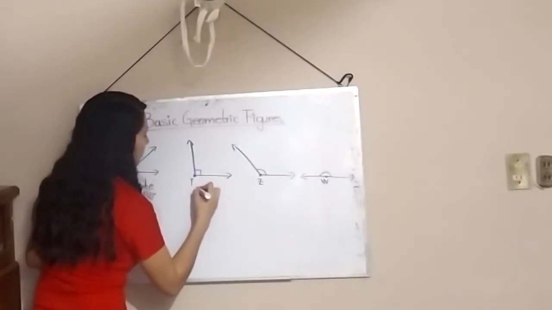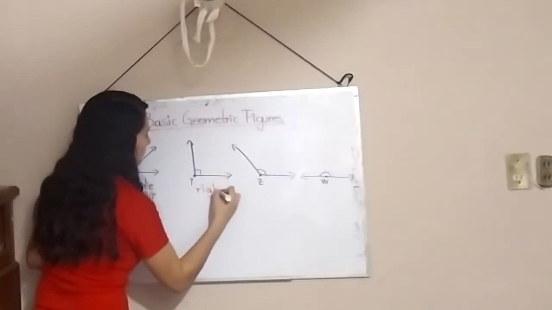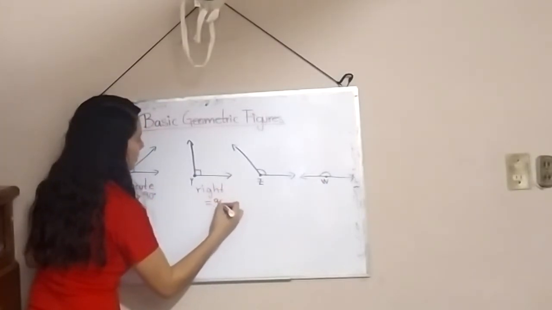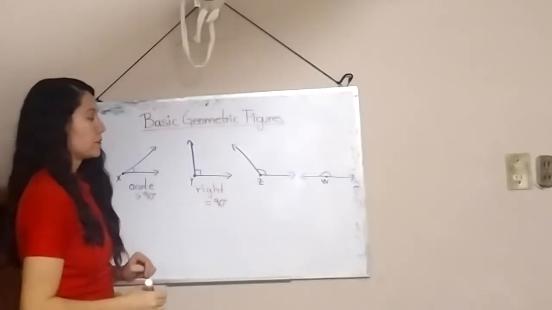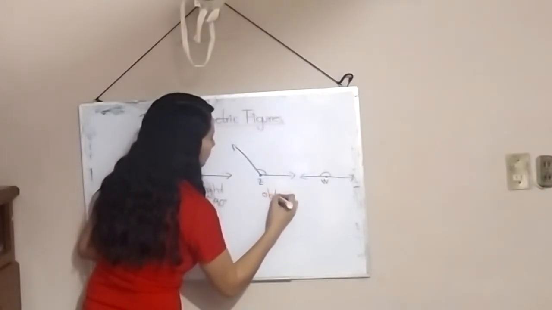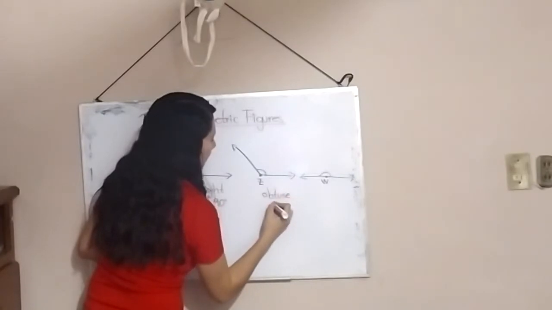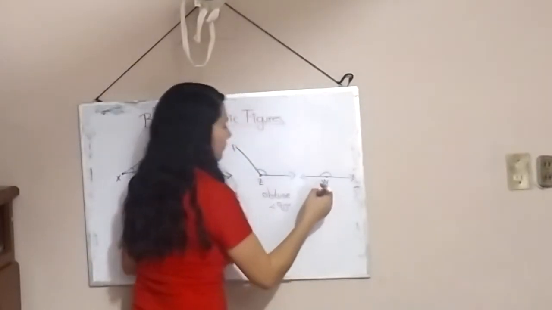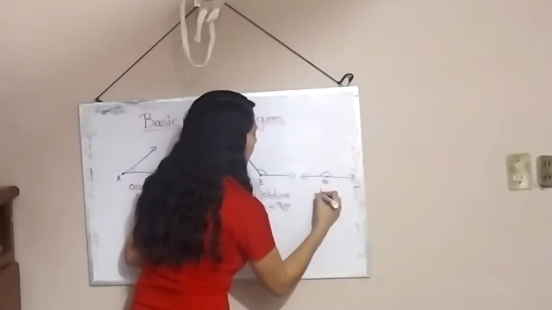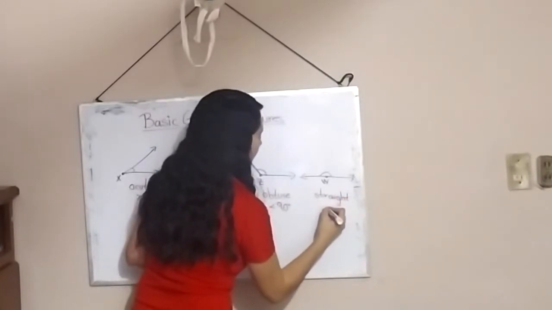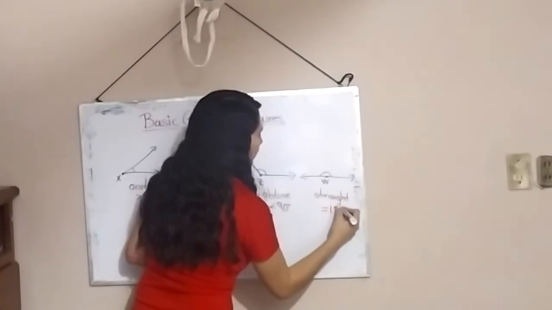Then we have a right angle, and the measurement equals 90 degrees. Next is the obtuse angle, and this is measured greater than 90 degrees. And the last one is a straight angle. And it measures 180.